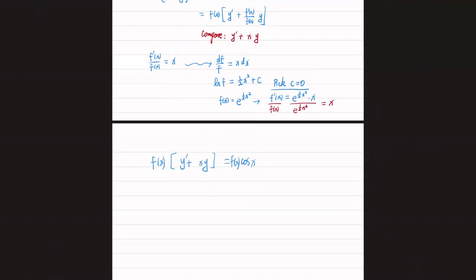This gives us f of x y derivative plus x f of x y. And this we know is the derivative of f y. So this is the product rule.